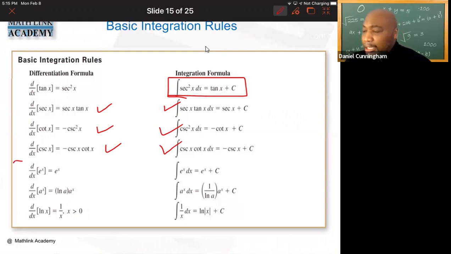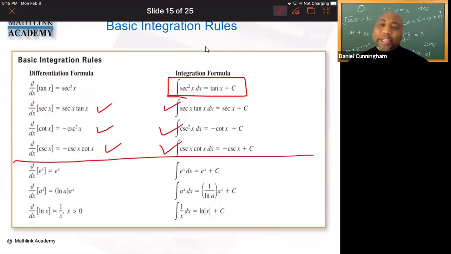What I want to look at is e to the x. This is one I think you'll like. The derivative of e to the x is e to the x. So when we integrate e to the x dx, it's going to be e to the x plus c. That's one that we can just really put in the memory bank. And then we have other ones with natural logs and exponents.